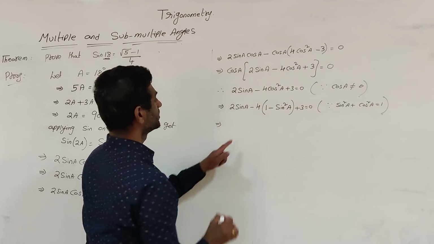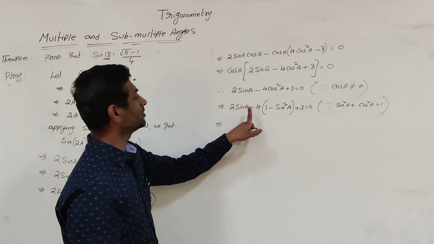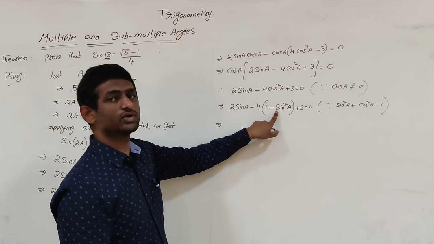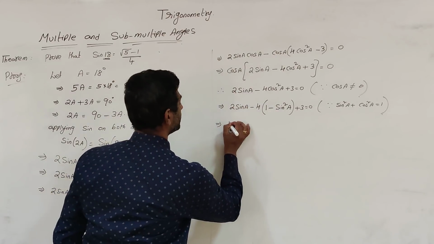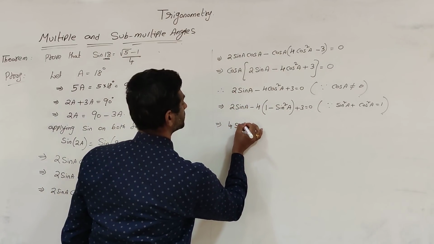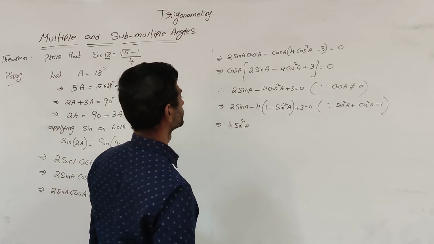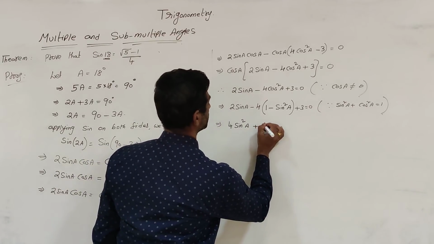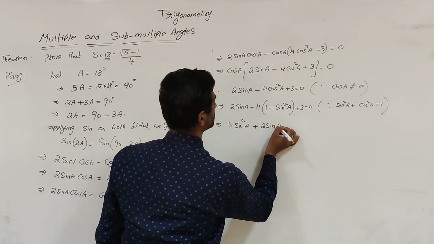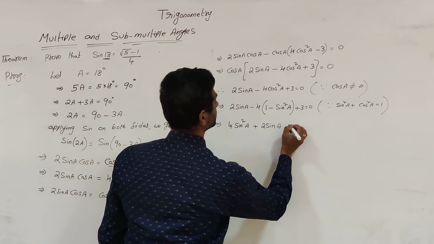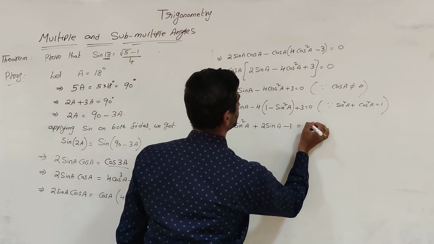If we simplify, minus 4 into 1 is minus 4, minus 4 into minus sin square a is plus 4 sin square a. So it will be 4 sin square a plus 2 sin a minus 4 plus 3, which is minus 1, is equal to 0.